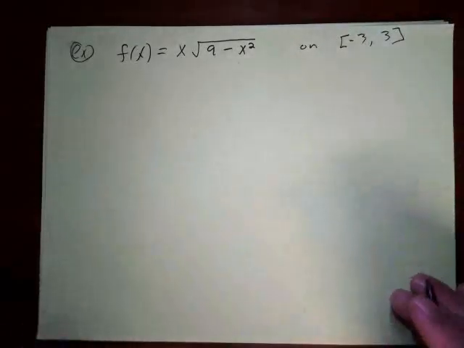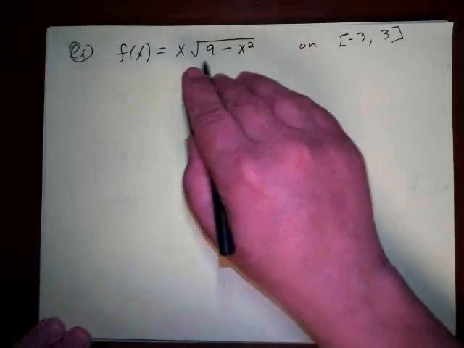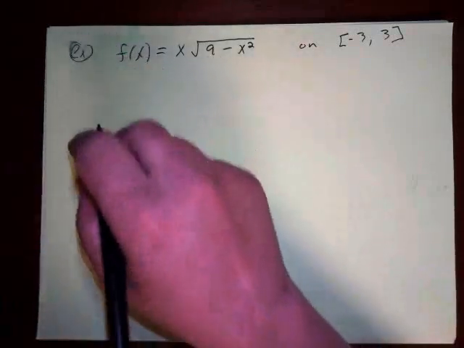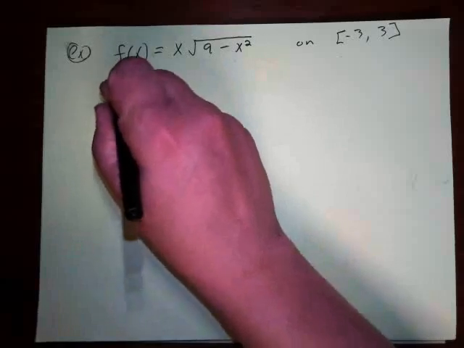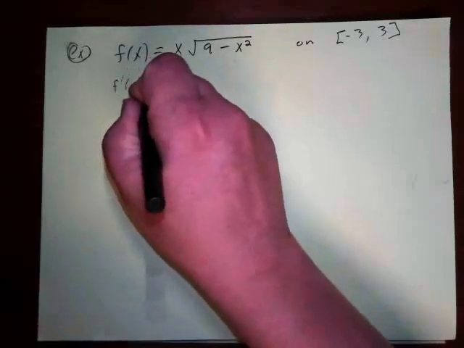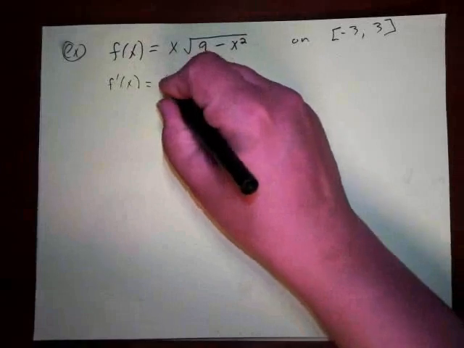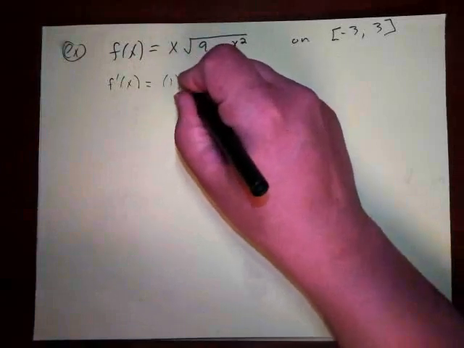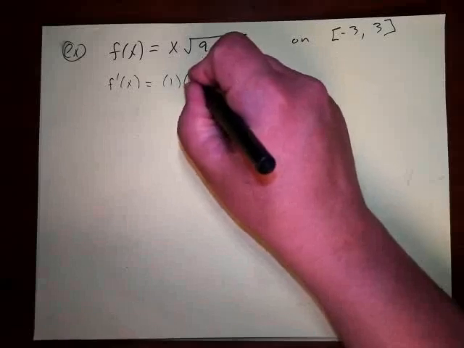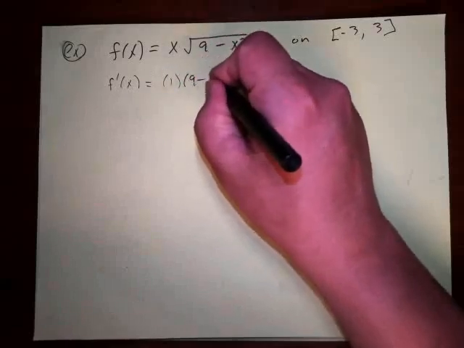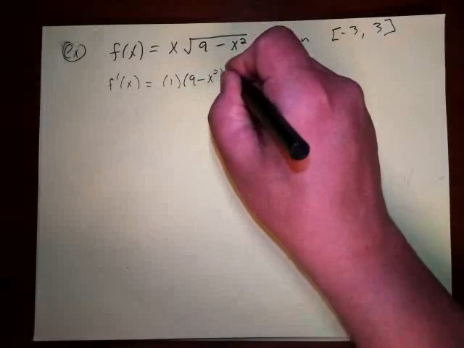Okay? So what we're going to do is find the derivative here. I'm going to use the product rule in this case. Let's see. The derivative of the first function is just 1 times the second function, and I'll write it with an exponent like this, 1/2.